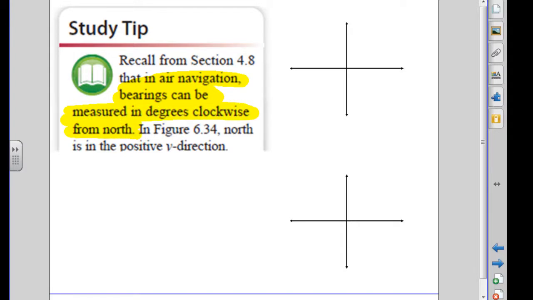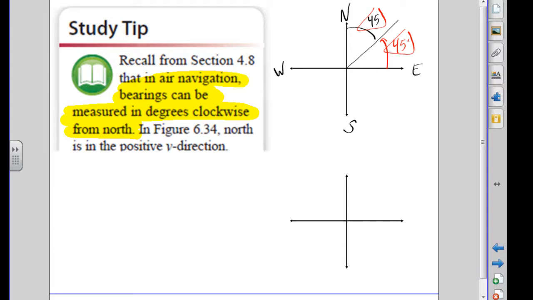So if we instead take a coordinate plane and label it as a compass, so never eat soggy worms, we start at north and measure clockwise. So this would be 45 degrees. When we use calculations, though, using the unit circle, we would say that this 45 degrees would be the same as 45 degrees from the positive x-axis.